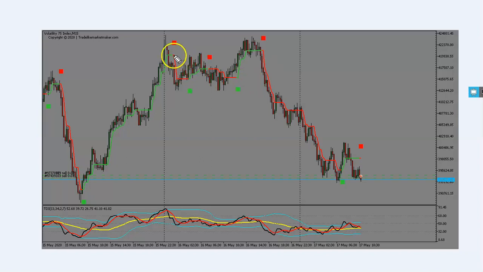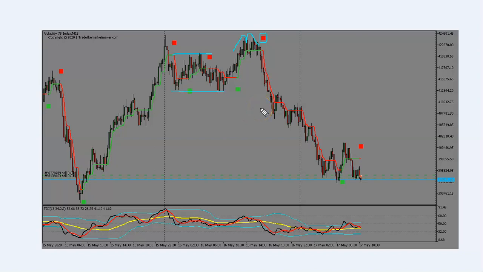Okay, since we have our consolidation here, and then we have a stop hunt high, and then we see our M formation here, followed with confirmation of Agimat.